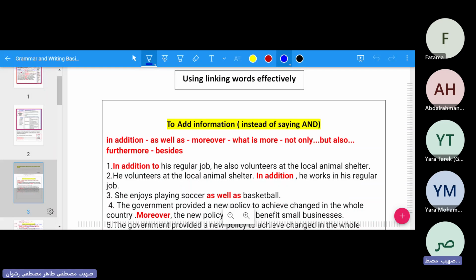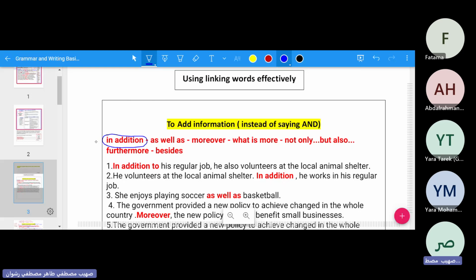In addition, moreover, what is more, furthermore, besides that, we will follow the same rule as first of all, in conclusion or to begin, which we call transitional words. We always start the second sentence with the conjunction.